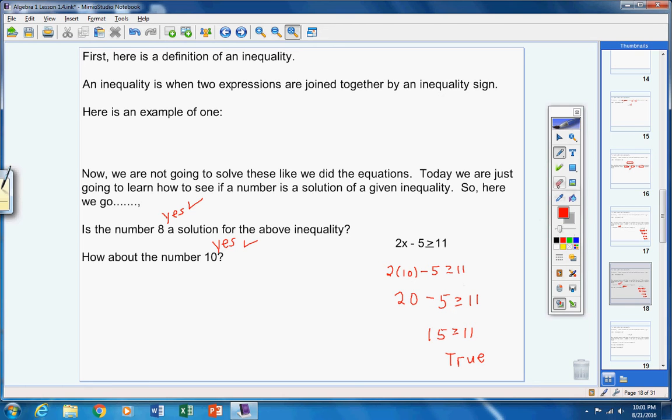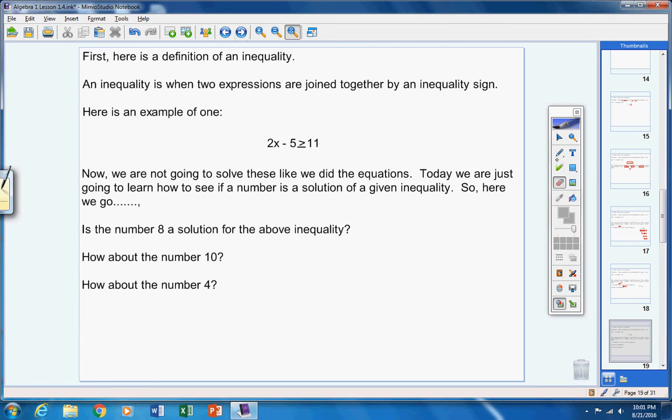Now let's check another number, okay? So far, 8 is a solution. So far, 10 is a solution. Let's check 4. How about the number 4? So here we go.